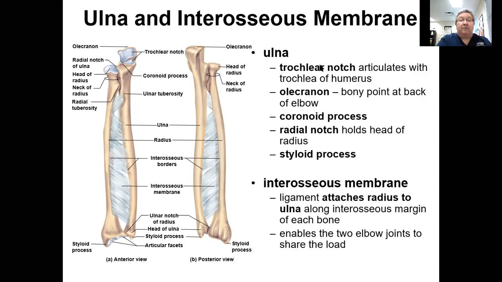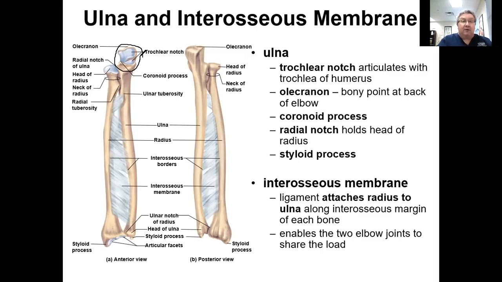The ulna bone is very distinctive. This area right here makes the ulna bone very distinctive. It's that hook area, known as the trochlear notch. The trochlear notch articulates with the trochlea on the humerus. Now, basically, there are three parts to this proximal end of the ulna.